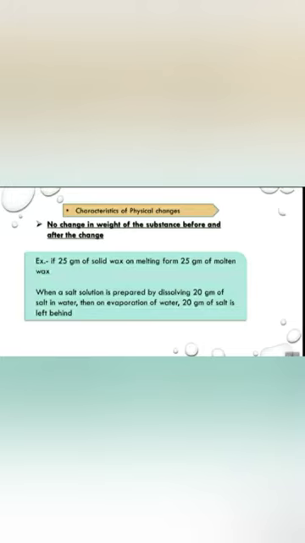Similarly, when a salt solution is prepared by dissolving 20 gram of salt in water, then on evaporation of water, 20 gram of salt is left behind. Here, salt has the same weight before and after the change, that is 20 gram.